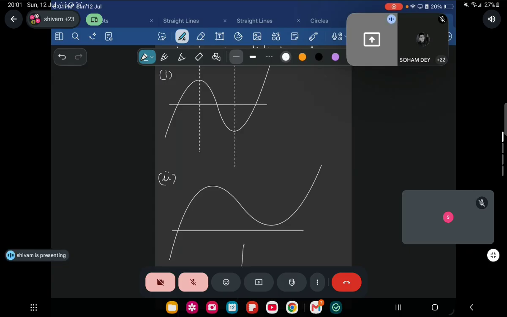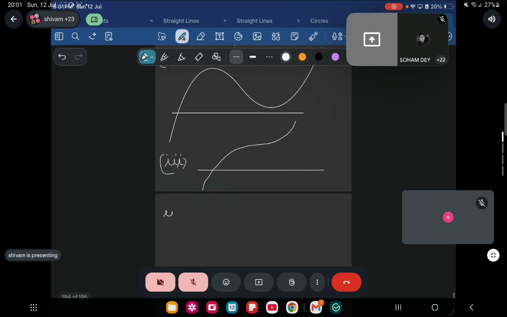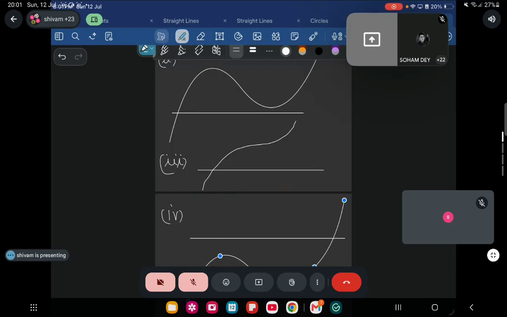Part 3. The graph can look somewhat like this. Pay attention. The graph can look somewhat like this. Okay, is one way. And another way the graph can look like is, it clear, everyone?